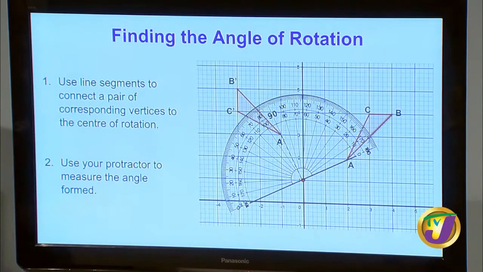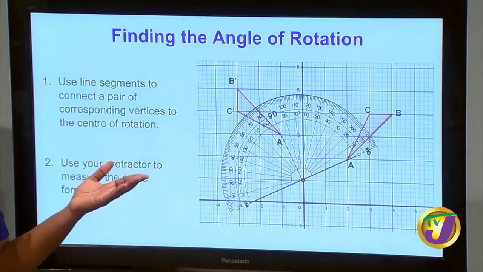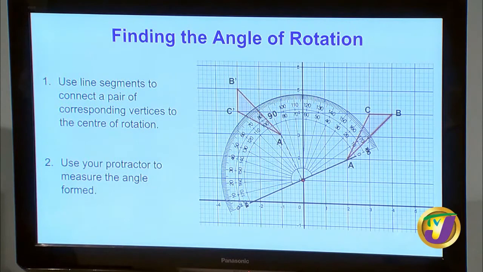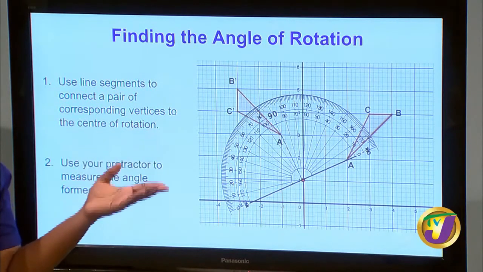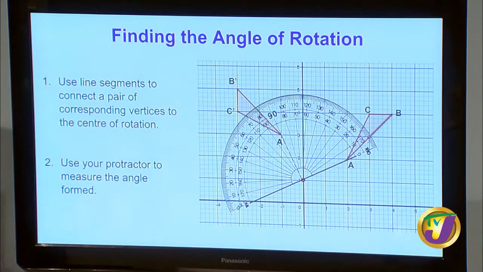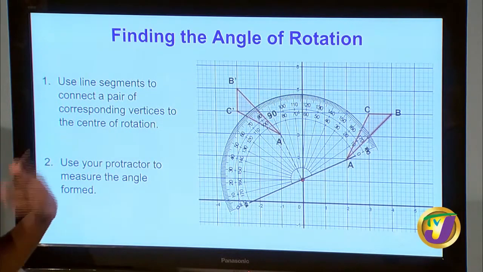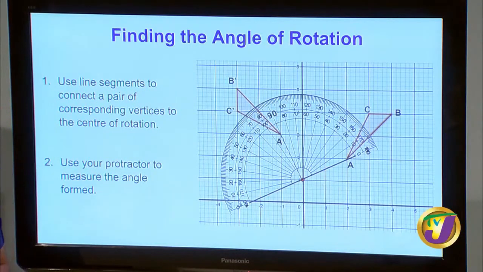So we can say, therefore, that the transformation that maps this object A, B, C to the image A prime, B prime, C prime is an anti-clockwise rotation of 90 degrees about the point 0, 1. Beautiful. All right. So I think we need to do a CSEC question, don't you?